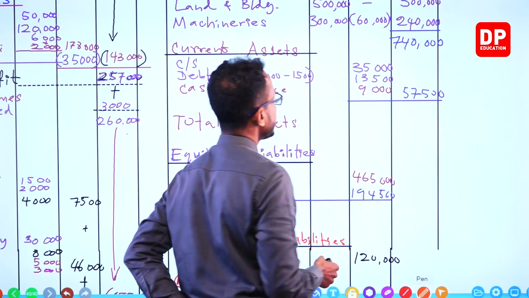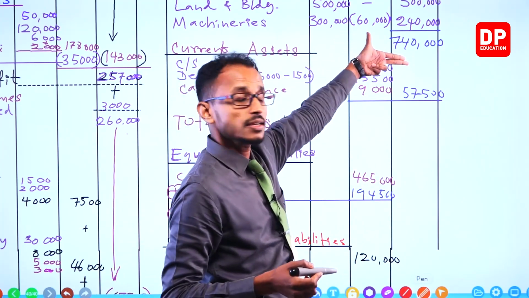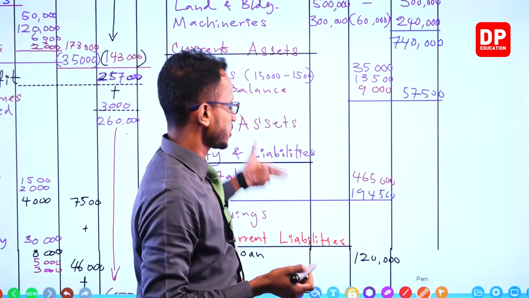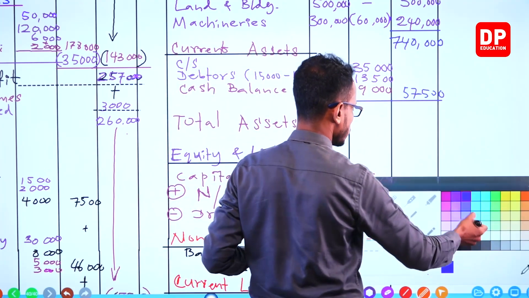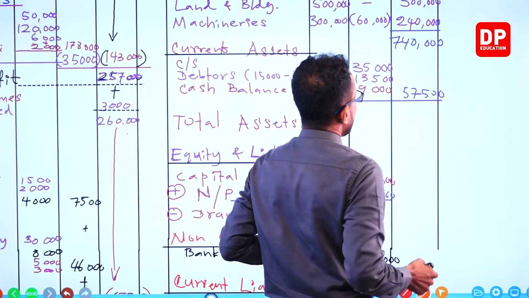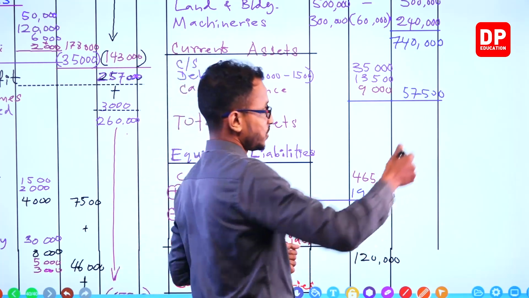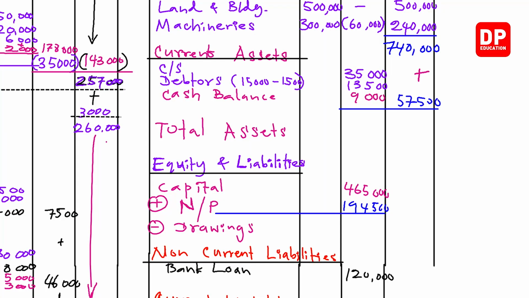Then take the addition of non-current and current. You get total assets. When you add non-current assets and current assets, you get total assets.